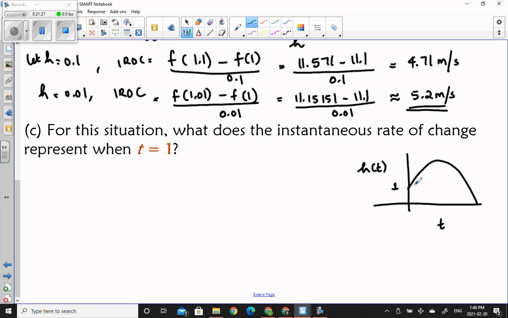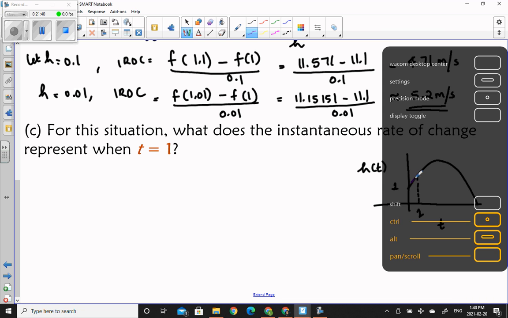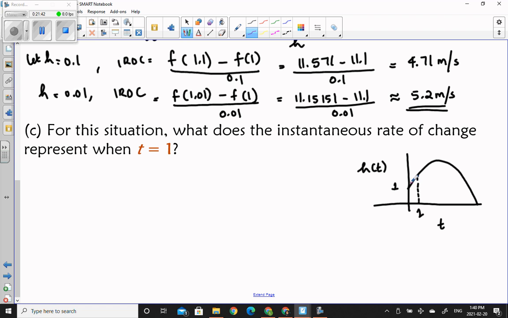They're asking what is the instantaneous rate of change at t equals 1. You want to find the slope of the tangent of the curve at this point. So at 1 second, what is the speed of the soccer ball? That is what we are getting at when we did the IROC.